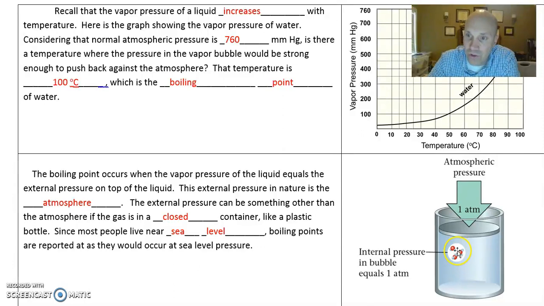And that is now strong enough to push back against the 760 millimeters of mercury that the Earth's atmosphere is pushing down on the surface of the liquid. So that bubble can now exist. It can push back and not get squashed by the forces that are normally squashing it.